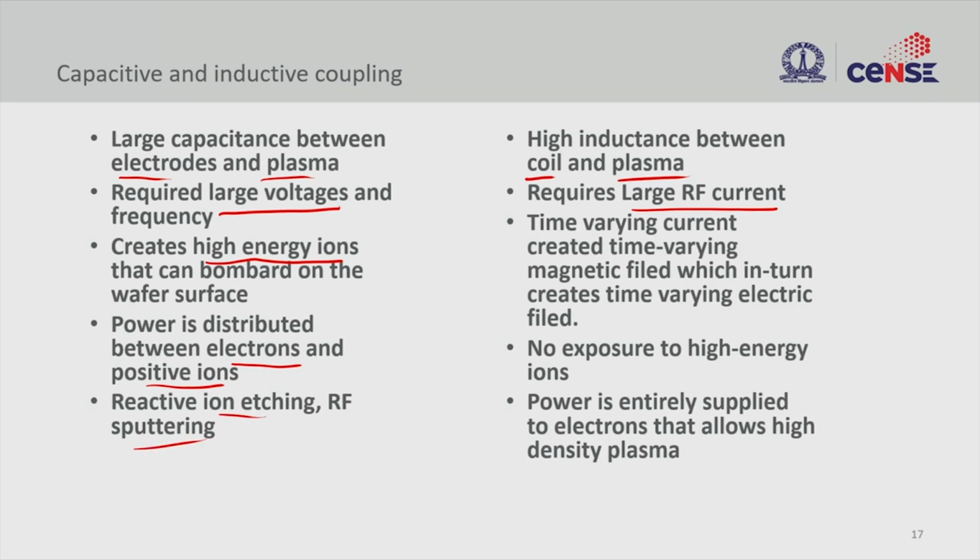On the other hand, in an inductively coupled system, you use a time varying current. This is an alternating current source that you apply that will create an electric field. And this is what makes it much more efficient, where most of the energy is only transferred to electrons. So we are not exposing the wafer to very high energy ions here. The reason for that is in this dome, all the ions are restricted to this region, because the wafer is kept far away.